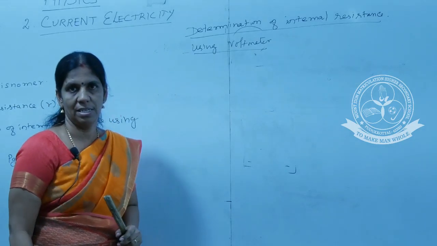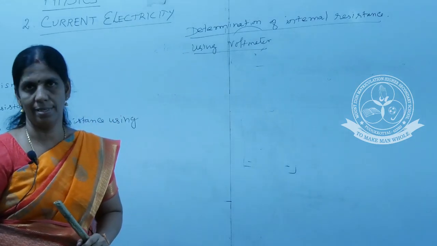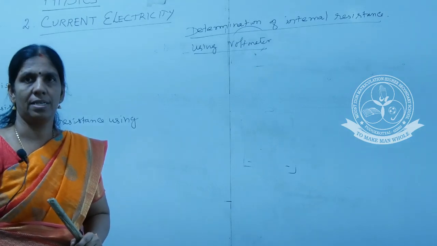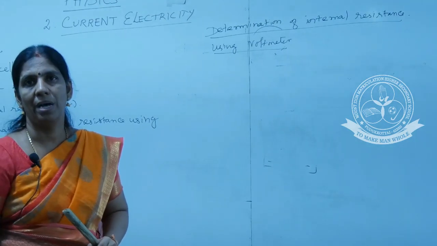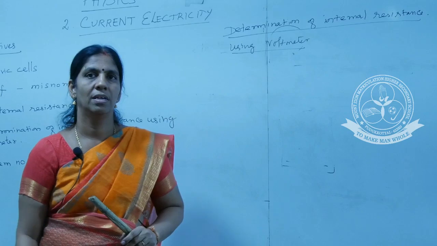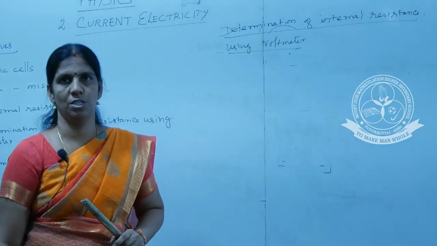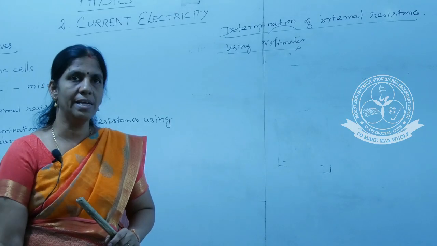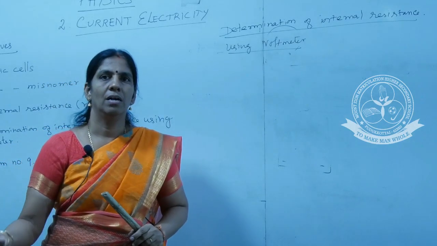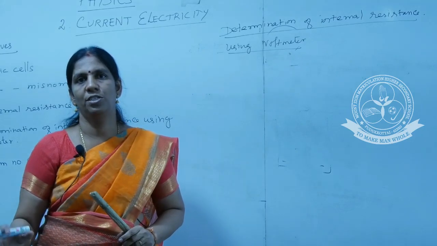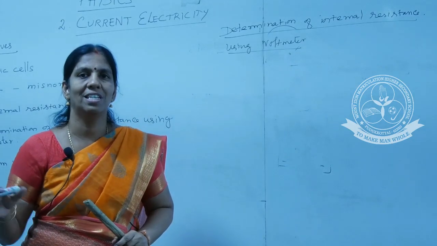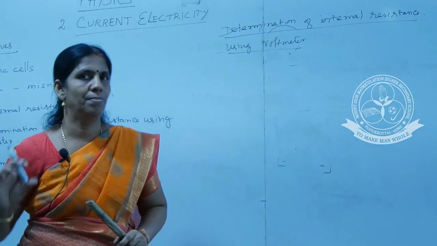As we already discussed, any ideal battery has zero internal resistance, but practically a real battery always has a certain small value of internal resistance. So, that makes the terminal voltage of the battery always less than the EMF marked on the battery.